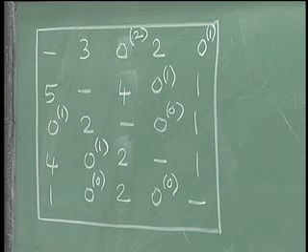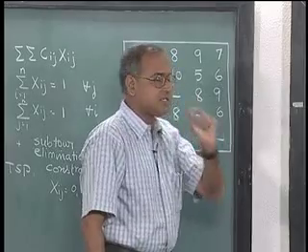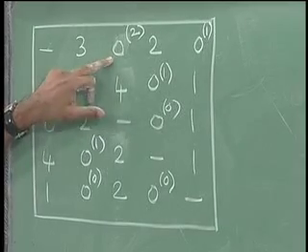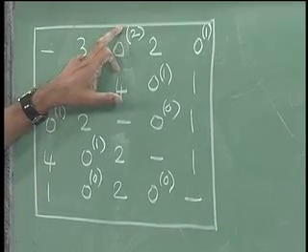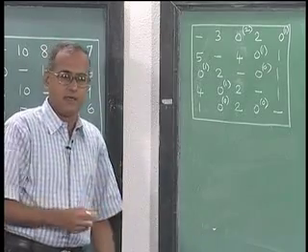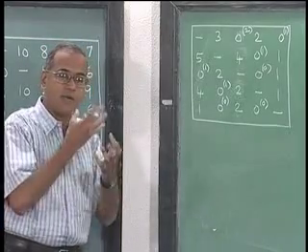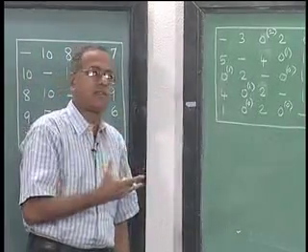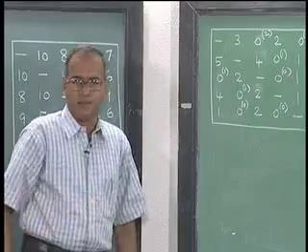Now, what do these penalties tell us? These penalties tell us that if for some reason I am not able to make an assignment here, I incur a total penalty of 2. So, what does that mean? The more the penalty is, the more I should actually try and assign there because the opportunity cost of not assigning is very high.